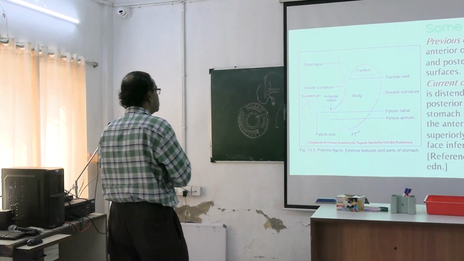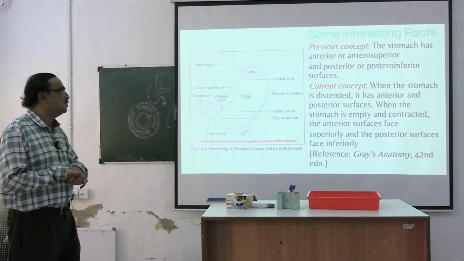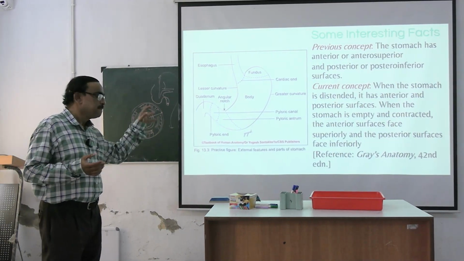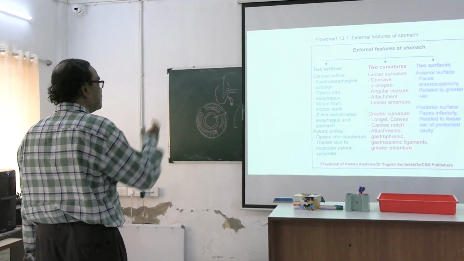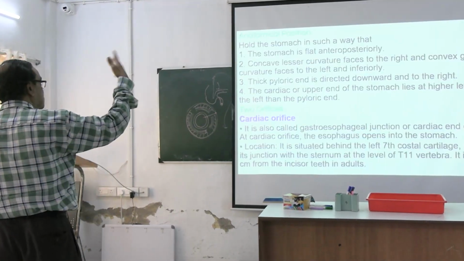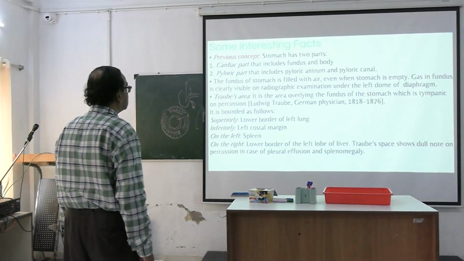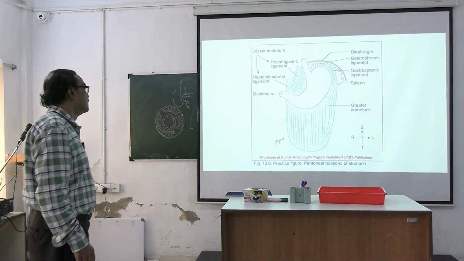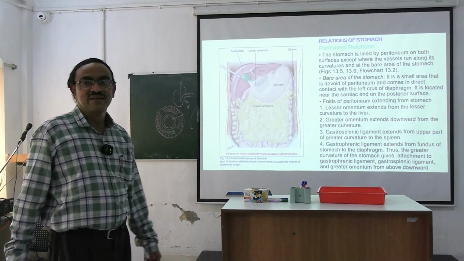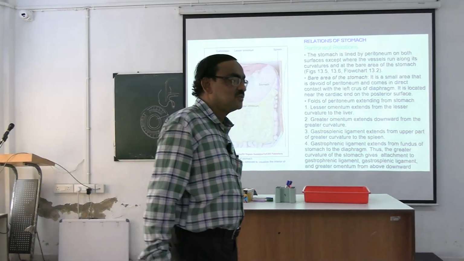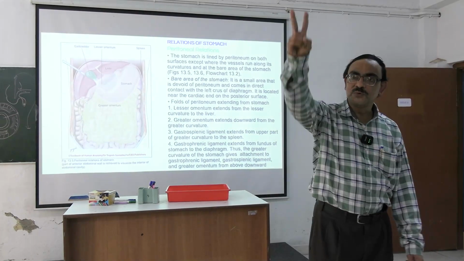Now, if we see the interior of the stomach, so now the two orifices, two surfaces and everything. Okay, now I forgot to mention another thing, that is the rule of 2.